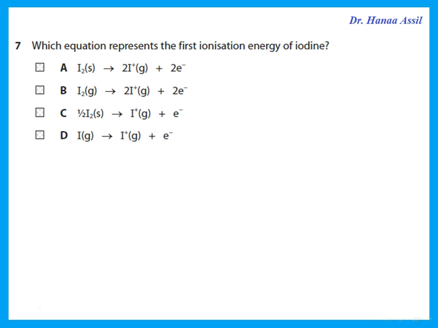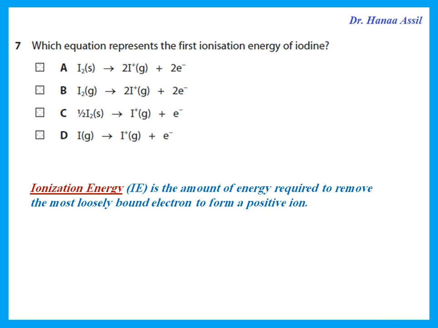Which equation represents the first ionization energy of iodine? Now, let's remind ourselves, what does ionization energy mean? Ionization energy is the amount of energy required to remove the most loosely bound electron. So we're removing 1 electron to form a positive ion.